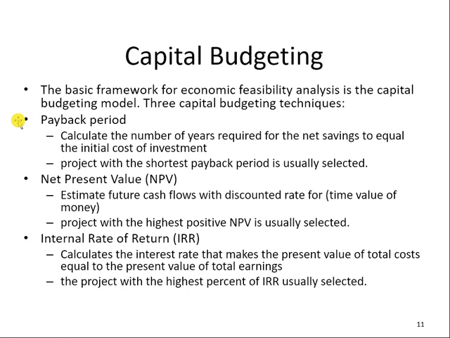This is a calculated number of years required for net savings to equal the initial cost of investment. Obviously, the project with the shortest payback period is usually selected. NPV, net present value: we can estimate the future cash flow with discounted rates, and the project with the highest positive NPV is usually selected.